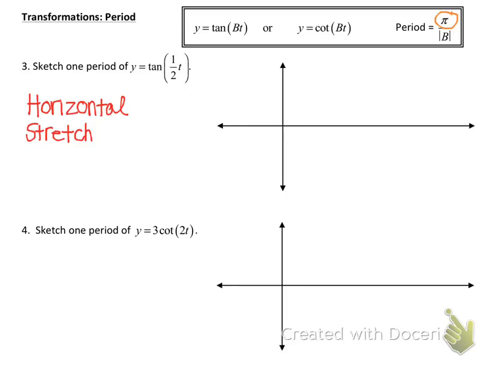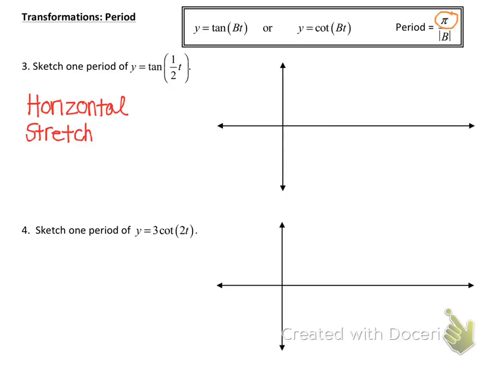Like I said before, with vertical, if it was greater than 1, it's a stretch. But with horizontal, it's the opposite. So since it's less than 1, which is 1/2, and 1/2 lies in between 0 and 1, therefore it's a horizontal stretch. So if I had a 3 in front of the t, that would be a horizontal compression. So you kind of have to think opposite.